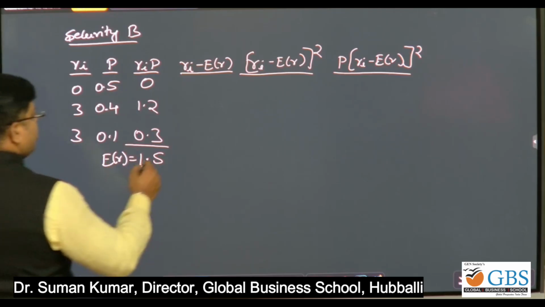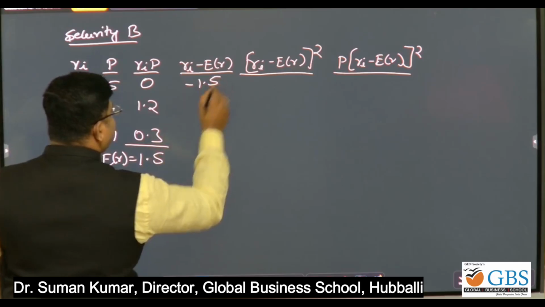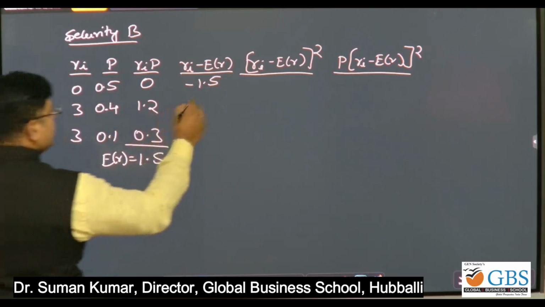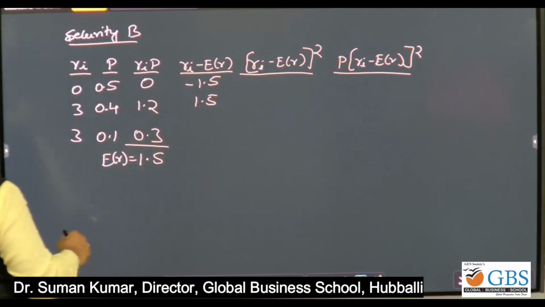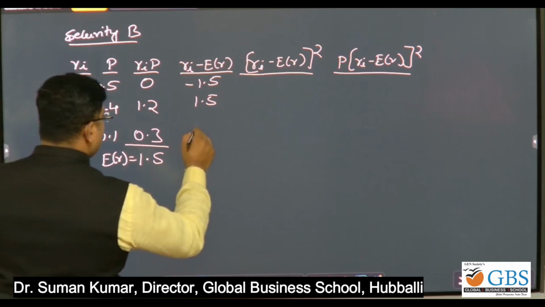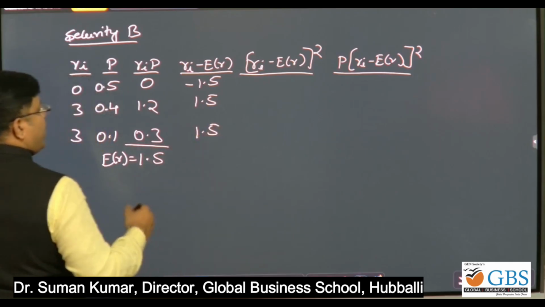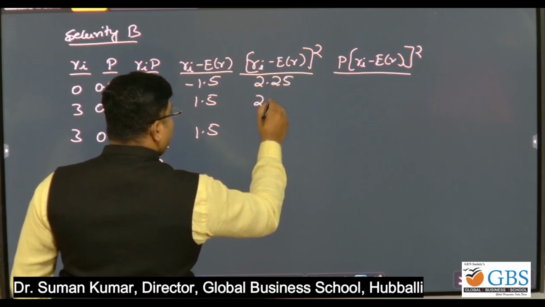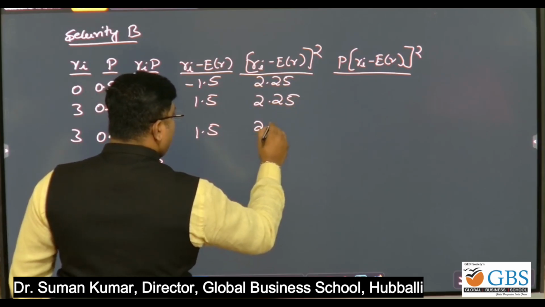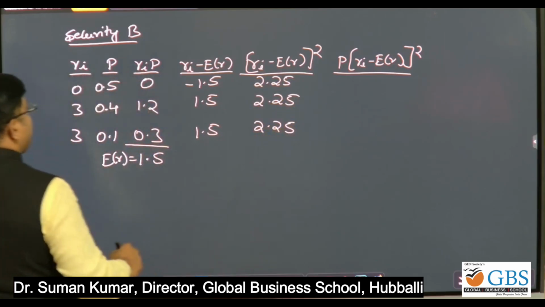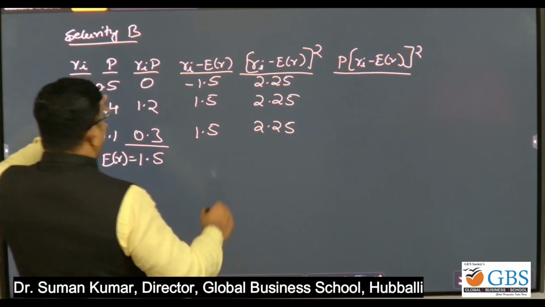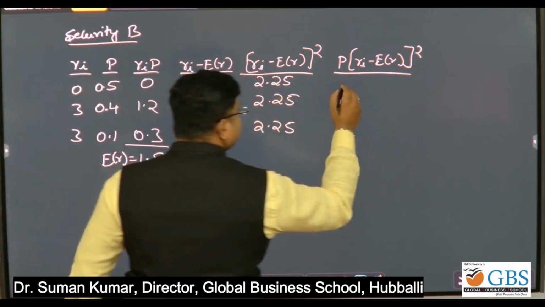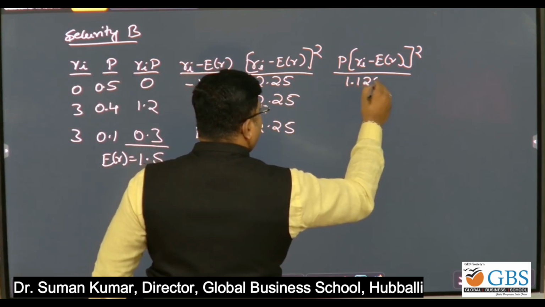So 0 minus 1.5 is minus 1.5, then 1.5, and this is also 1.5. Square: 2.25, 2.25, 2.25. Probability 0.5 into 2.25, 1.125.